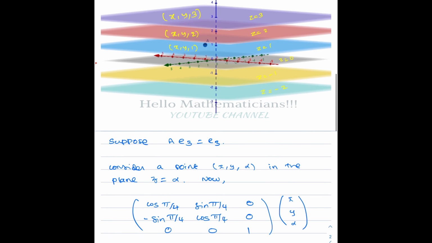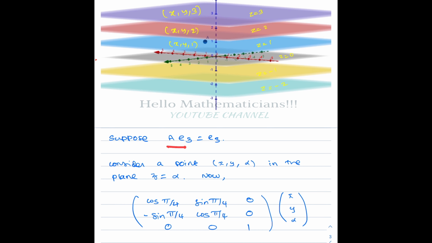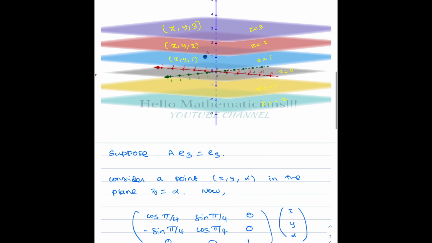Okay, but we have an assumption. We have assumed that A of E3 equal to E3, that is, the z-axis is fixed by the linear transformation. Then you take any point in the plane z equal to alpha, its image is again a point in z equal to alpha.